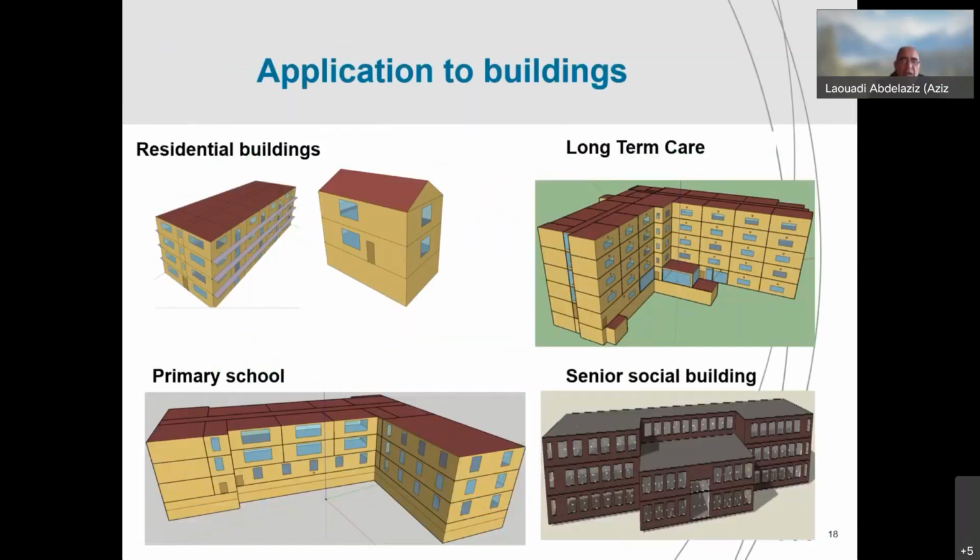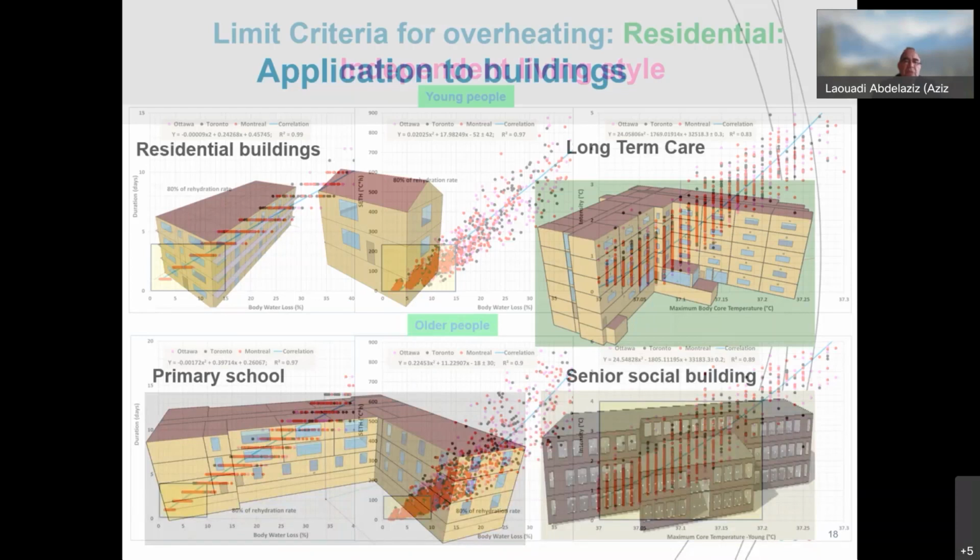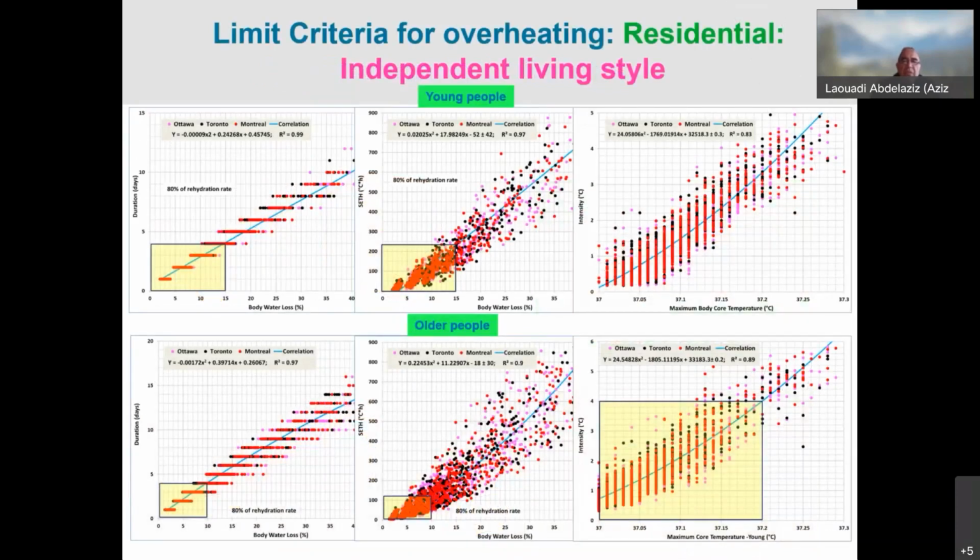Application to buildings: we have developed 4 archetype buildings to study overheating using the new index. Namely, these buildings are residential buildings, long-term care buildings, primary schools, and senior social housing. For limit criteria for overheating, residential buildings occupied by young adults have only 2 criteria to be satisfied: limiting the duration and the severity of overheating events.